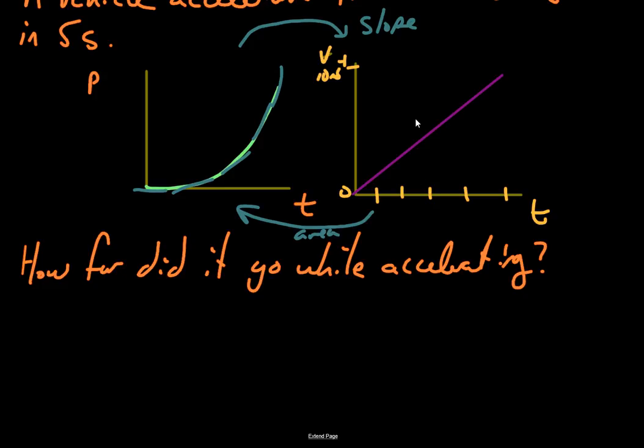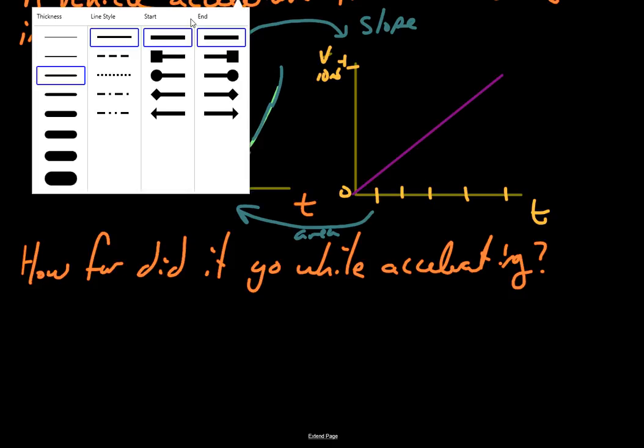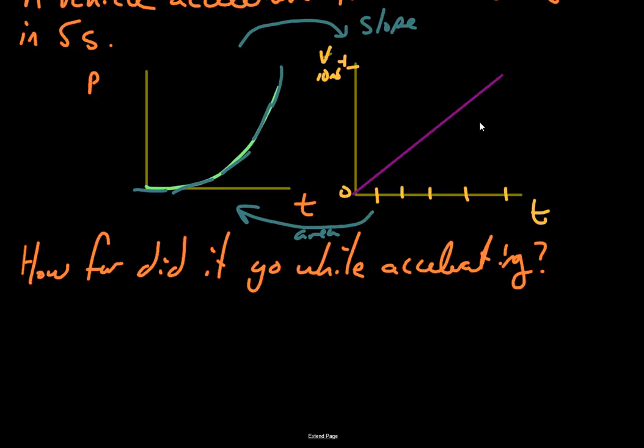So the question is, how do we find the area under a graph when we have acceleration? If we have a constant velocity, that's easy. It's just v times t. But here we have a changing velocity. So how do we deal with that? So here's the answer. The first thing is, let's look at this area. Let's look at this area.